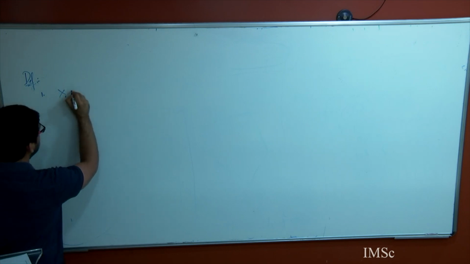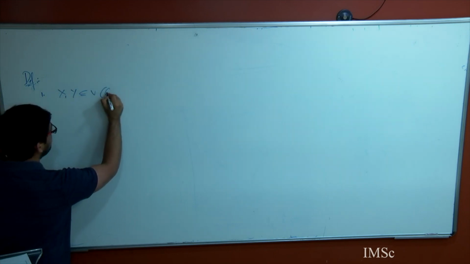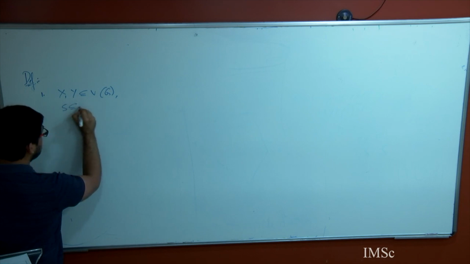So let's say X, Y are subsets of V(G), and S is an edge set.